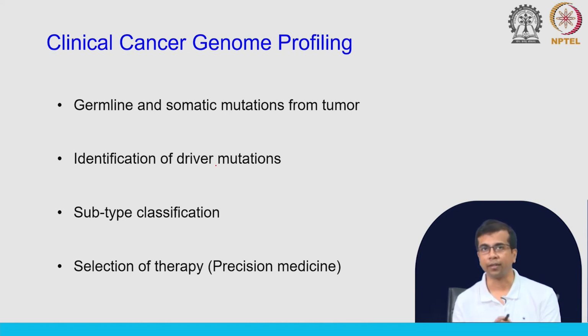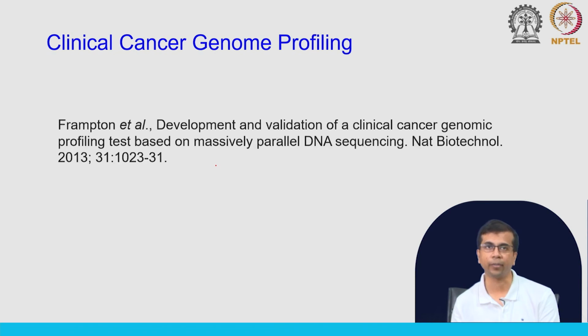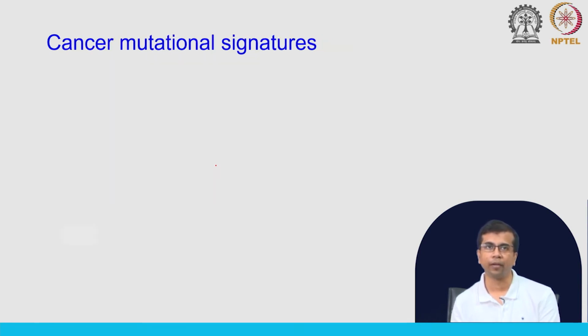So, this variant calling process is very important for identifying the genetic basis of these diseases and also for identifying the therapy. Here is a paper you can read, which discusses the validation of clinical cancer genome profiling based on DNA sequencing methods, and this will give you a good overview of the whole process.